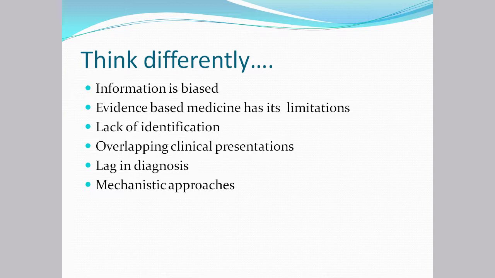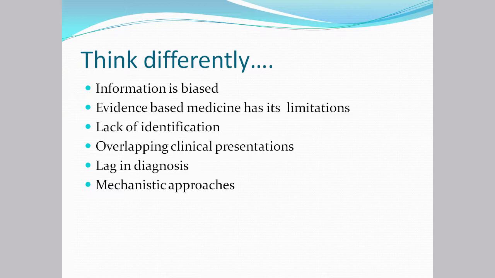Because all the information is biased. The reason is that rare disorders are rare, so not everything is written about them and nothing has been very diligently worked out. Evidence-based medicine, which is the in vogue trend right now, truly has limitations for rare disorders.